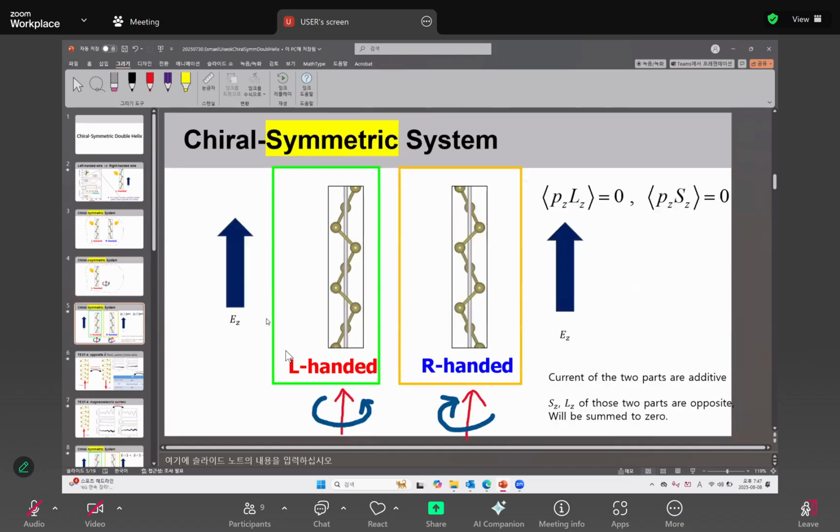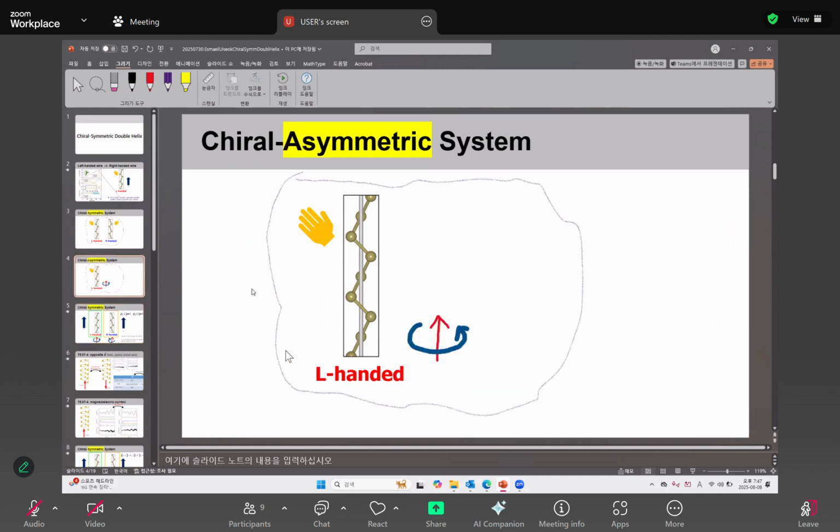Oisok's calculation tells that when you apply an electric field, the chiral asymmetric system develops a current and an orbital. So the helicity will not be zero.